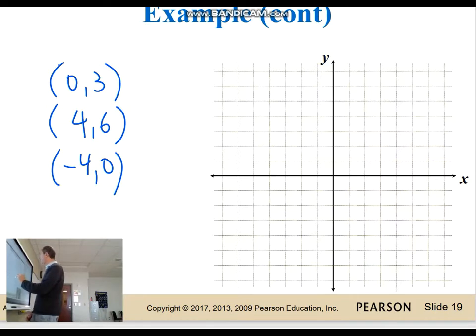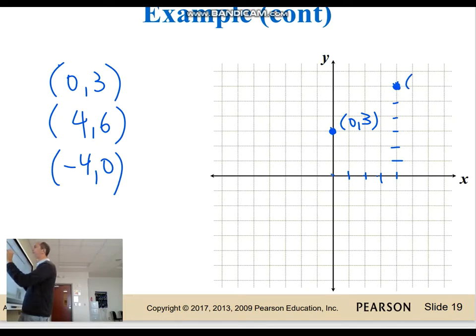Let's find the points here on the graph. 0 is here, and 3, you move 3 up. This is going to be 0 and 3. The other one, x equals 4, y equals 6. On the x-axis, we move 1, 2, 3, 4, and then y equals 6: 1, 2, 3, 4, 5, 6.